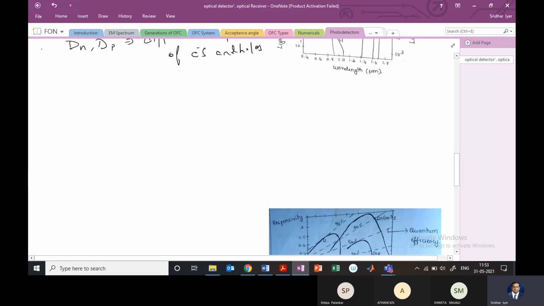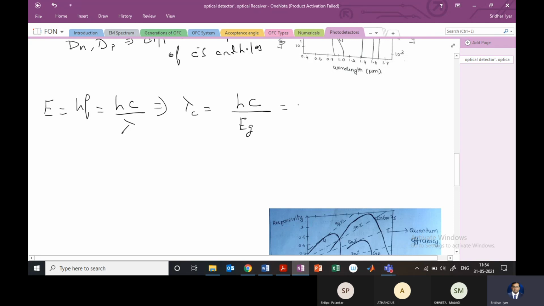Any semiconductor material, because these are all semiconductor based diodes, can be used only for limited wavelength, and that we have already calculated. You have E equal to HF, which can be written as HC by lambda, which will imply that the maximum lambda, or the upper cutoff wavelength, is HC divided by EG, where this is the band gap energy.